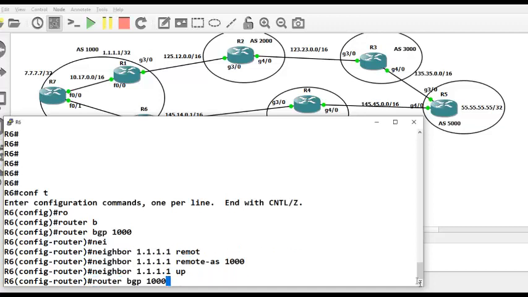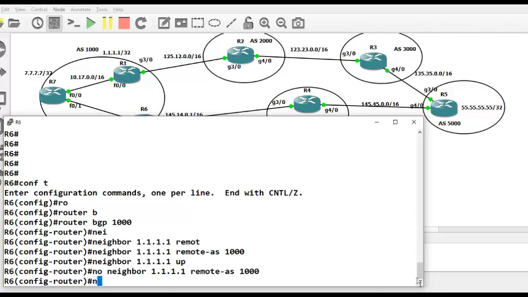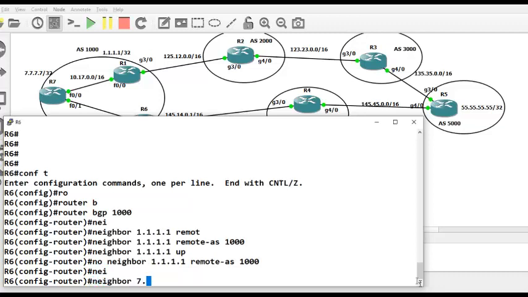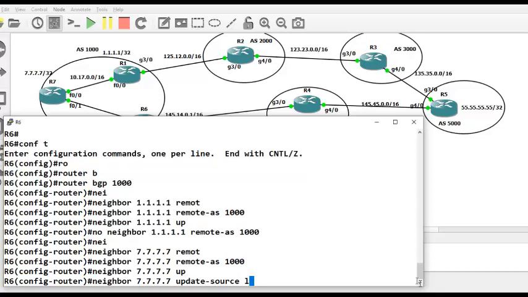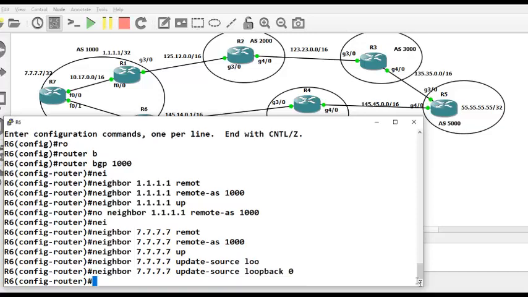How can we, we are not making full mesh. I removed it. Neighbor 7.7.7.7, remote AS is 1000, update source loopback 0. Alright.